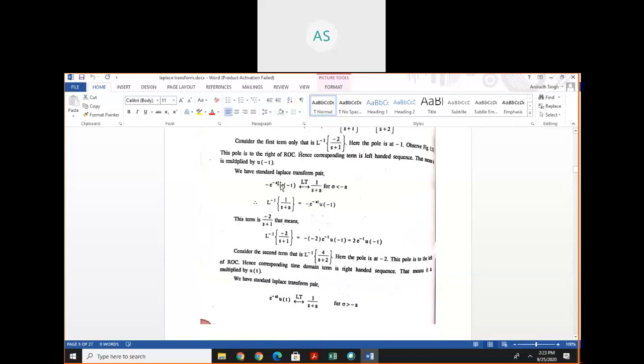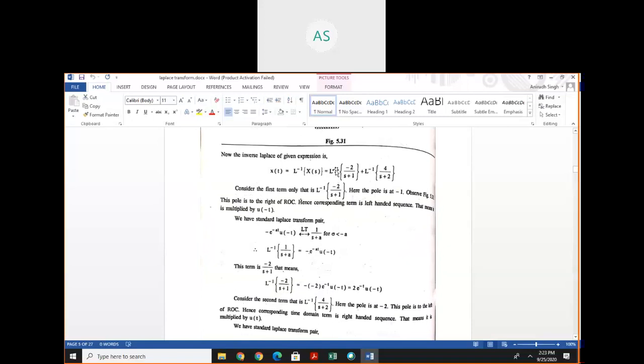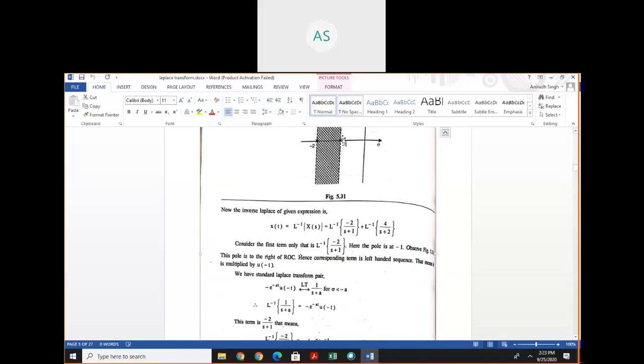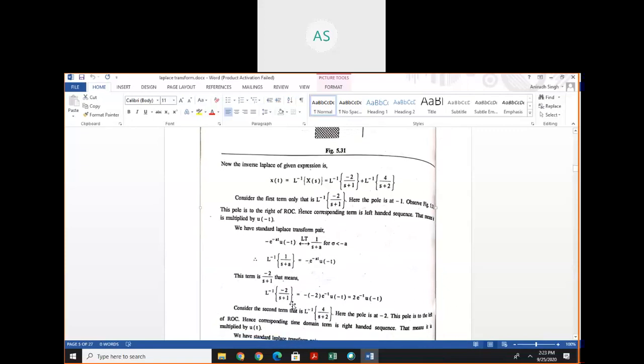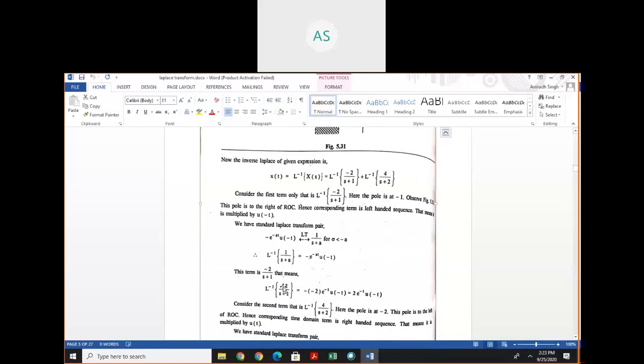If we put a minus sign here and a minus sign here, then we get the same Laplace transform, but the ROC is different: when we put the minus sign at this place and at this place, then the ROC is sigma less than -a. Minus e^(-at)u(-t) is given by 1 over (s + a) for sigma less than -a.